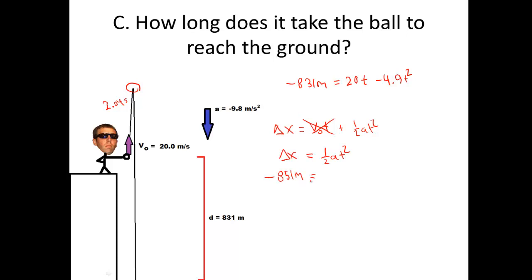I can't stress this enough. The reason I'm using negative 851 meters is I am considering the displacement from the top of the trajectory here down to ground level. It is 831 meters from where Wilson threw the ball to the ground, but remember, the ball reached a maximum height of about 20 meters above his hand, which is why I'm using 851 rather than 831 for the displacement.